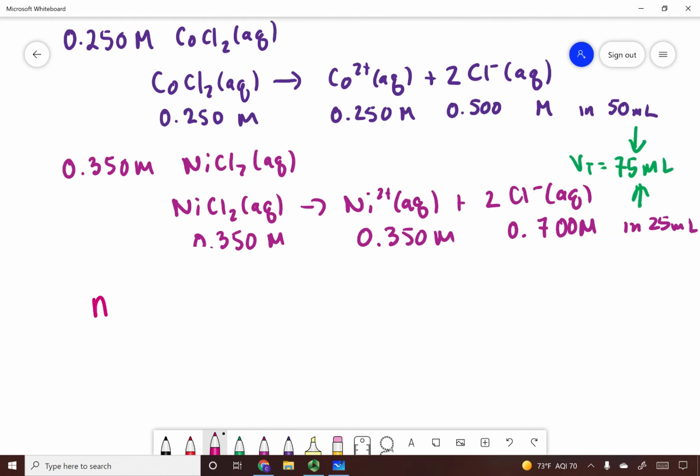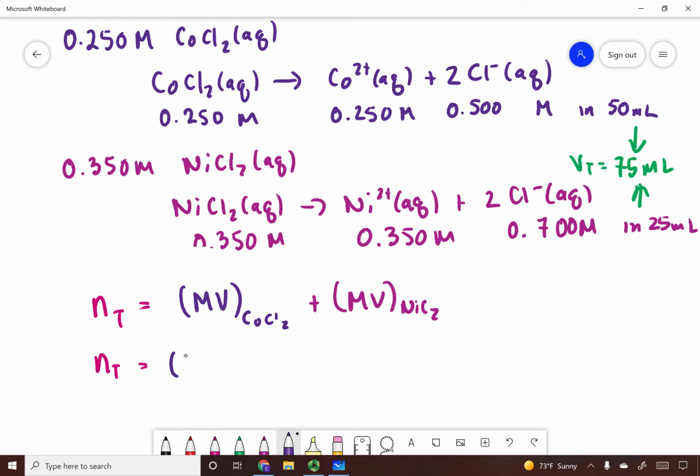So what I want to get is the moles of chloride. To get moles, we're going to take the molarity times the volume. But remember, I'm after the total moles of chloride, and they are coming from two different locations, the cobalt solution and that nickel solution. So I'm going to put all these values in to get the total moles.